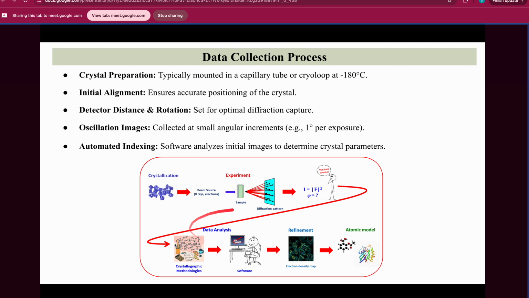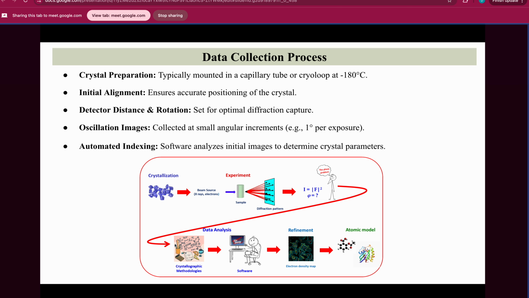So this is about the data collection process, and further data analysis will be covered in your next week. This is just a representation of how we move from crystallization to the atomic model. Till now we are only at the data collection level. Then comes data analysis, and after data analysis we also have to refine it so that proper atomic models can be generated. In X-ray crystallography we also face the phase problem, so we need to deal with it.